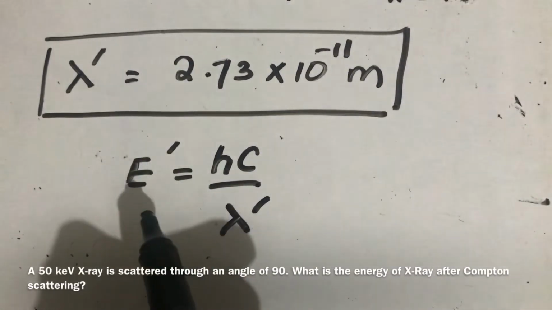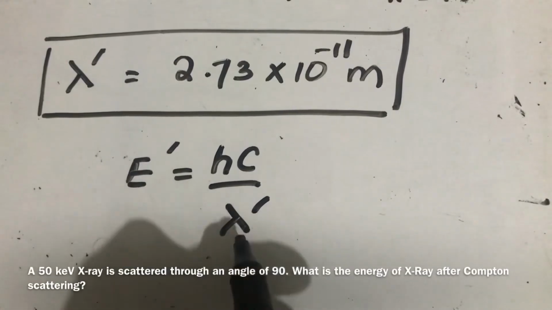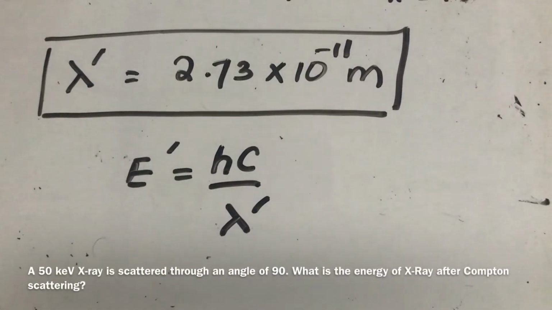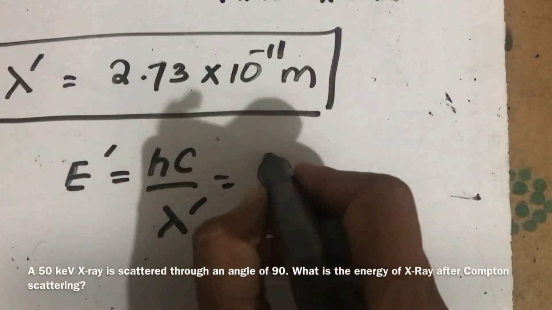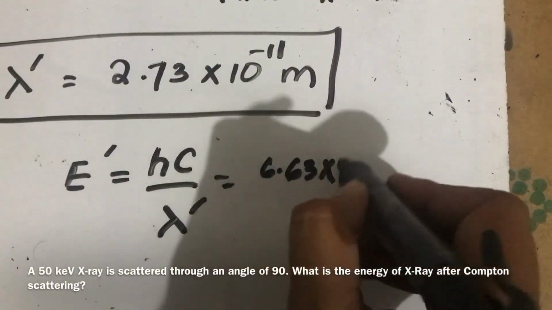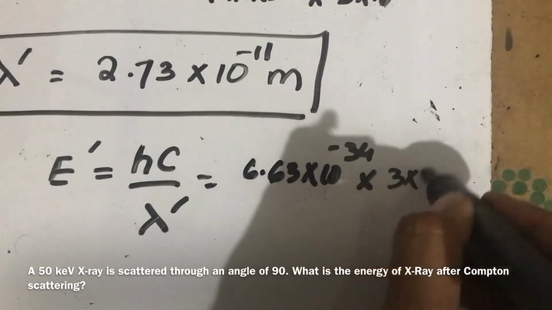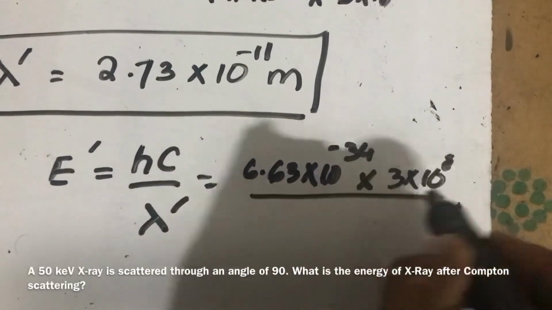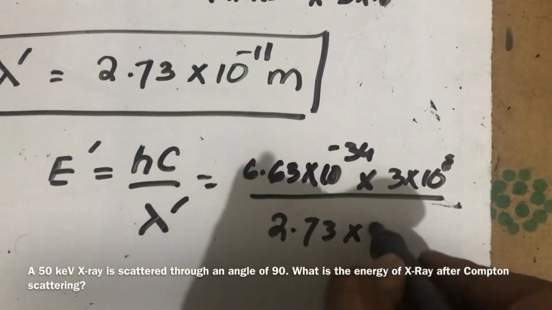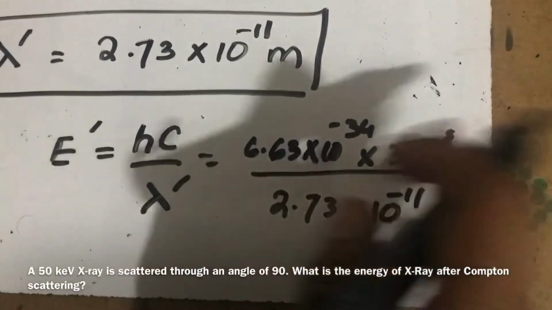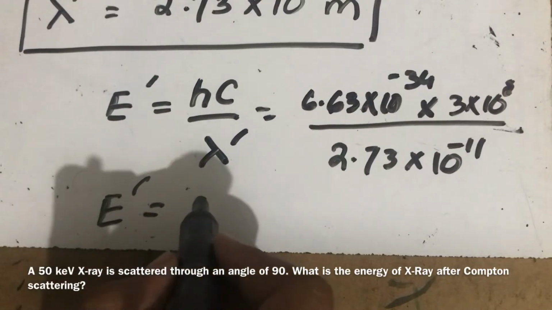In the Compton effect there is a change only in energy and wavelength. Putting the values, h is 6.63 × 10^-34, c is 3 × 10^8, divided by lambda, 2.73 × 10^-11. Do it yourself.